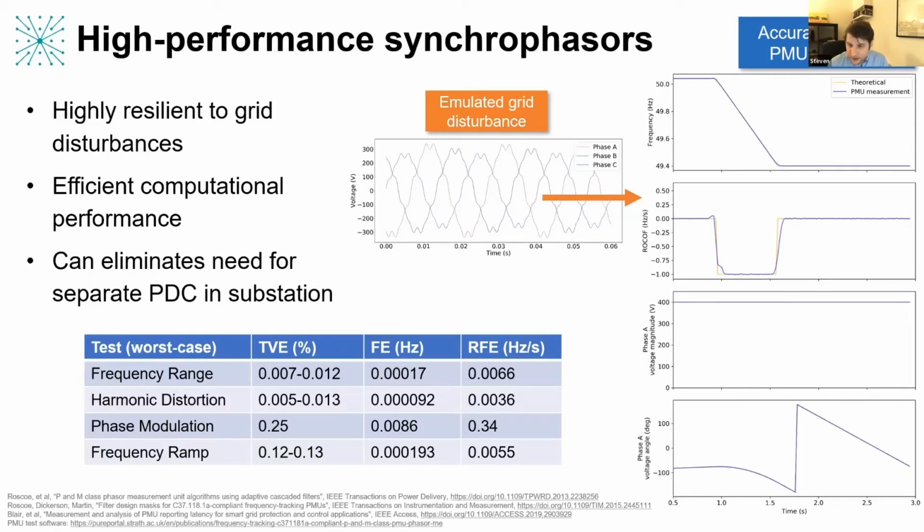So effectively our system provides 16 PMUs integrated into one box. So that means you can probably avoid having a PDC in the substation because we're eliminating that first tier, that first level of complexity that you would normally otherwise have. And yeah, we've tested this against standard requirements, and even in the worst case test, which is what I'm showing here, we're already exceeding what's required.